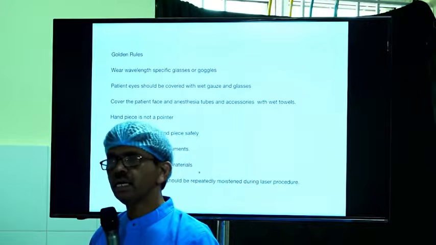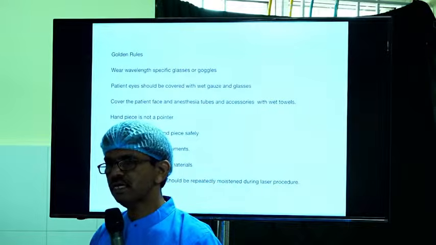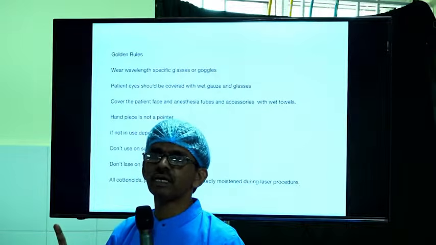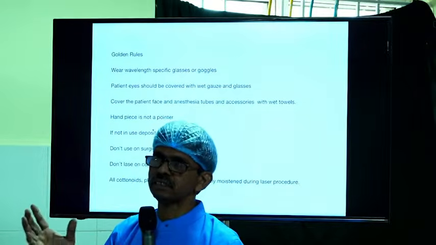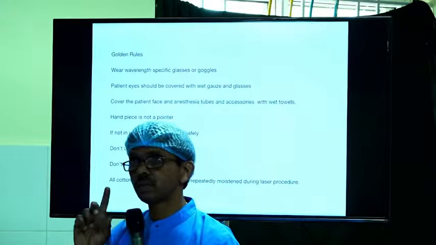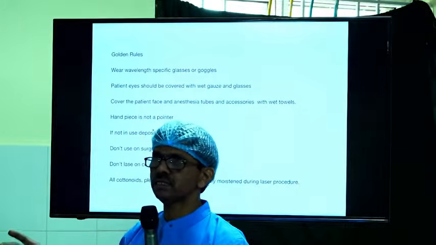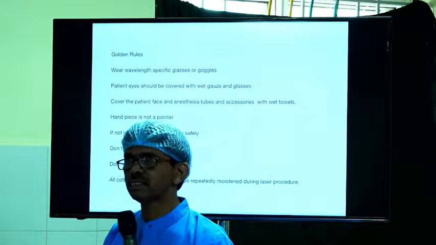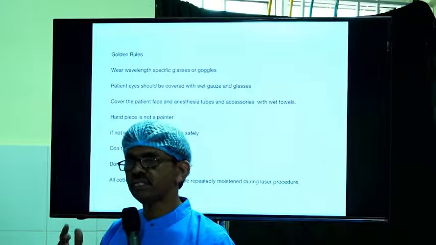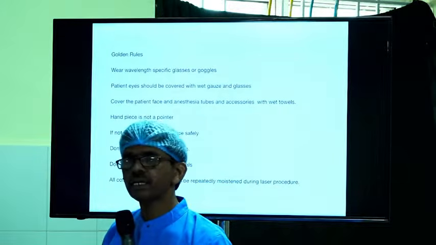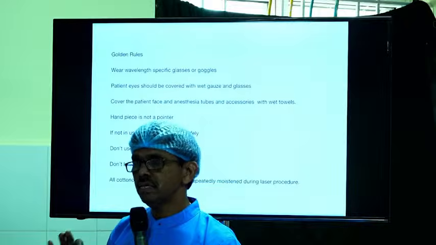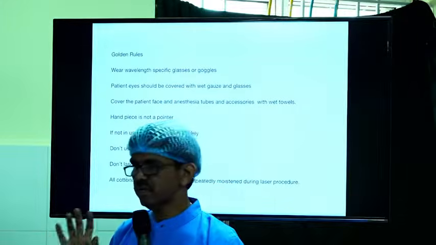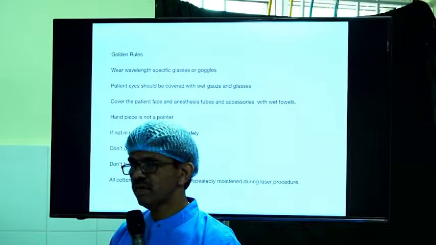Before the spectacles, cover the eyes with wet gauze, as we did in the previous case, and cover the face and the anesthesia tube, because the anesthesia tube is highly inflammable, highly combustible because of the gases which circulate through it. So cover all the anesthesia tube connections with wet towels, and the patient's face should also be covered with wet towels.